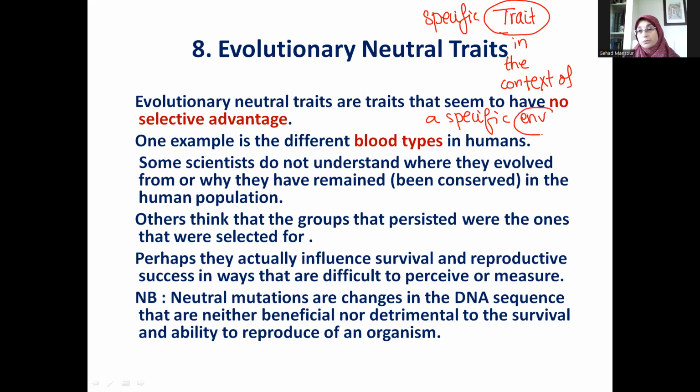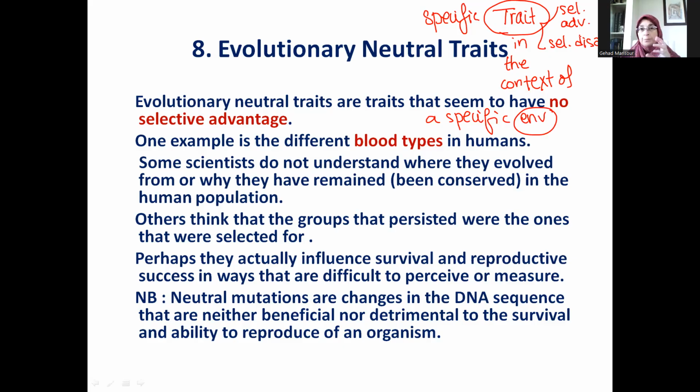then this trait might give you a selective advantage or a selective disadvantage, meaning that this trait might be favorable or unfavorable. But again, it's not absolutely favorable for all types of environments, and not absolutely unfavorable or disadvantageous for all types of environments.